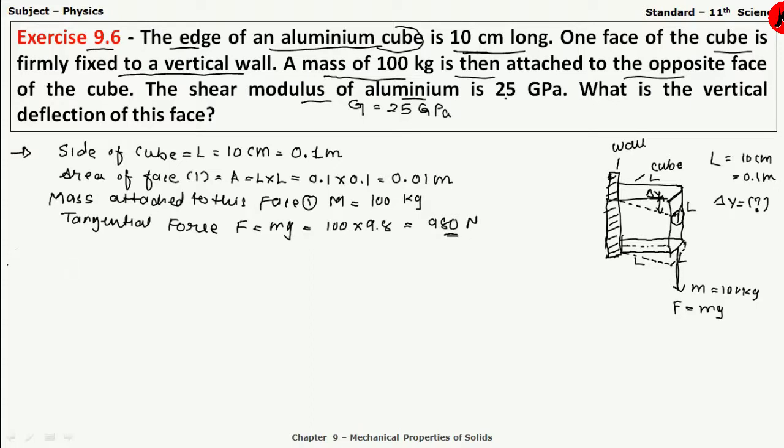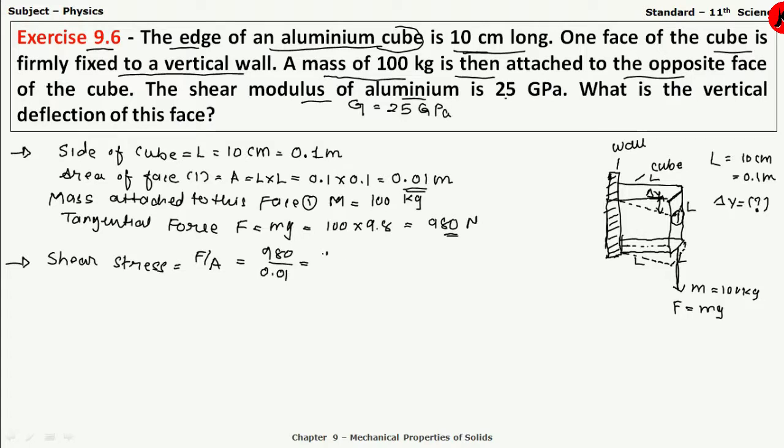Now the next point is to find the shear stress, and shear stress is nothing but force per unit area, meaning in the form of an equation it becomes F by A, and F is 980 divided by the area, 0.01 meter square.